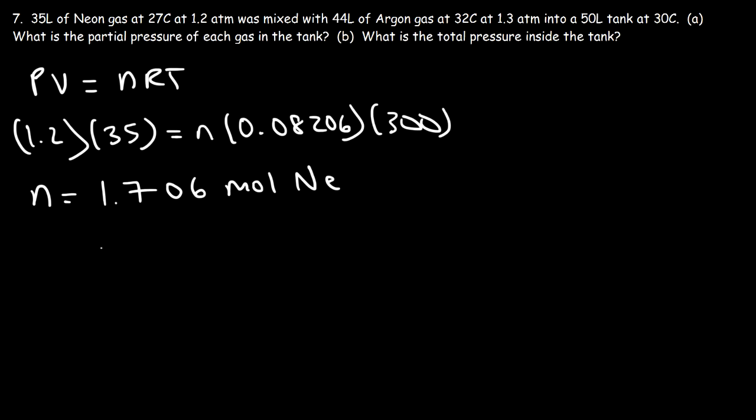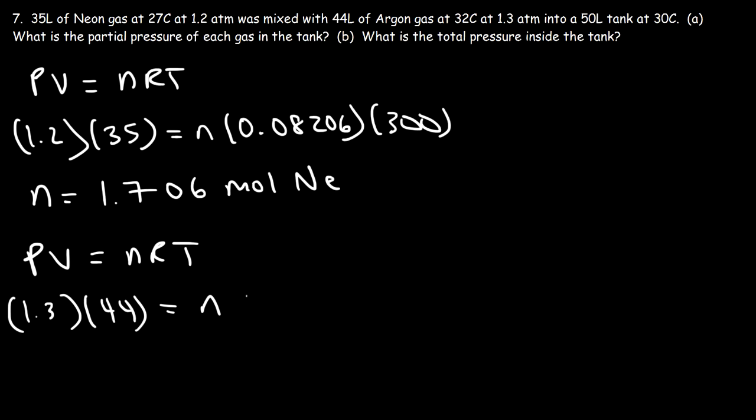Now let's do the same for the other substance. Let's use the same formula, PV is equal to nRT. So we're going to use this information here. The partial pressure of argon is 1.3. The volume initially is 44 liters. R is not going to change. And the temperature is 32 Celsius plus 273, so that's 305 Kelvin.